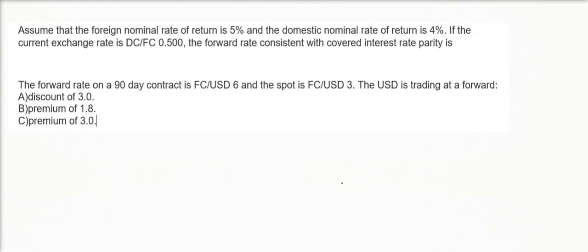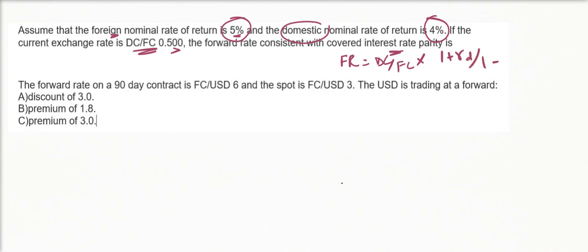Now looking at another type of question, it says that assume that the foreign nominal rate of return. Now the main thing is that it is a foreign, right? Foreign nominal rate of return this, and domestic nominal rate of return is 4%. So the current exchange rate at DC over FC is 0.5, the forward rate consistent with covered interest parity is. So forward rate formula is given by, right, DC over FC multiplied by 1 plus domestic rate RD divided by 1 plus RF, that is a foreign rate.